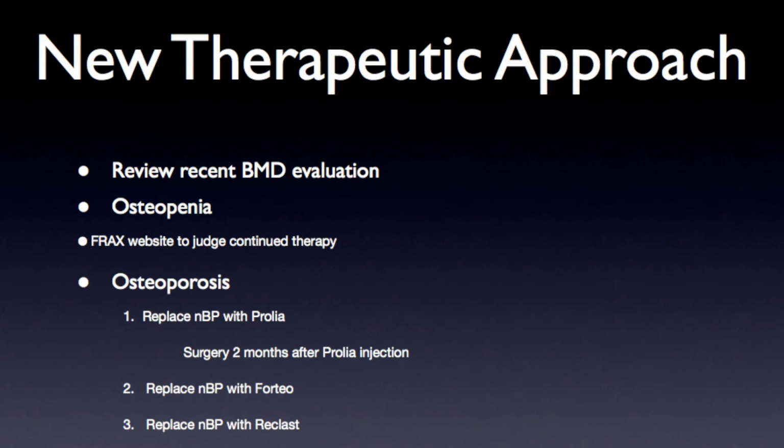From the DXA, then, we can decide whether the patient has osteoporosis or osteopenia, and then do the FRAX too. The two will have different approaches. Let's talk about the osteoporotic individual. How can we alter that treatment? We could replace it with Reclast, Prolia, or Forteo. All of them have different ranges.